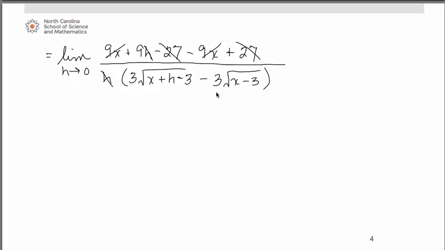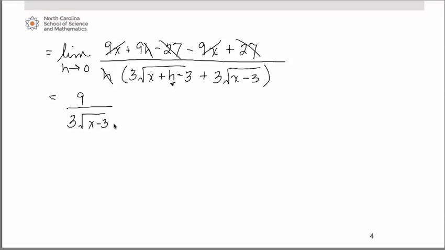So you have the 9 in the numerator, and then this whole expression with the square roots in the denominator. When you substitute in 0 in place of the h here, remember we had the 9 in the numerator, and we have 3 square root, that just becomes x minus 3 because the h was 0, plus 3 square root x minus 3.